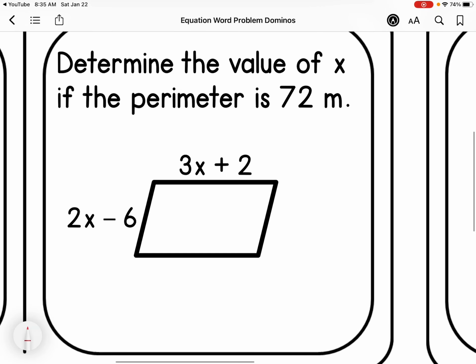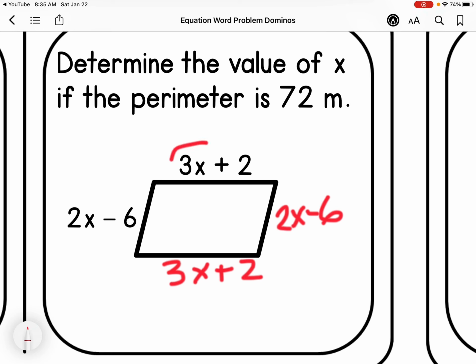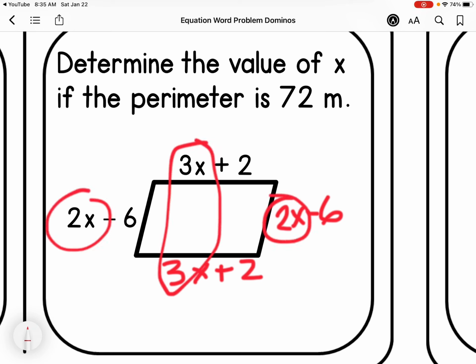Okay, so they want us to determine the value of X. For this one, I actually put a cheat on your card. I did this for you because we haven't combined like terms yet. So I put all these together. So your equation says 10x minus 12 minus 8 equals 72.